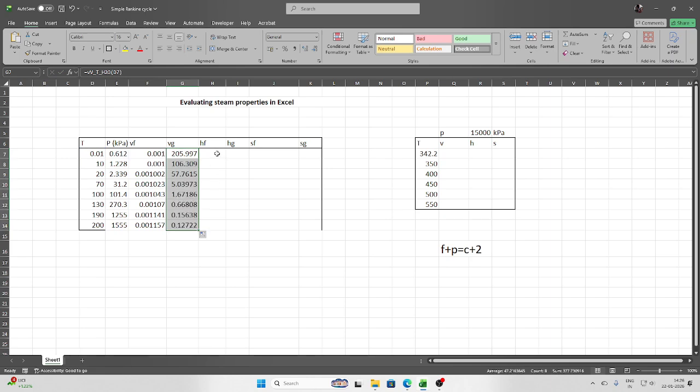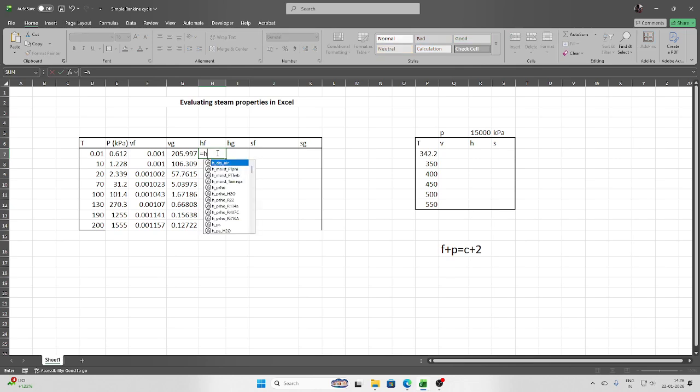The same thing for saturated liquid enthalpy. So it is H, as it is liquid, so it is L. With respect to temperature, so underscore T. So this is the hint. Then you pass the temperature and you have it. Likewise, enthalpy of saturated vapor. With respect to temperature for H2O, then you pass the temperature and that's it.